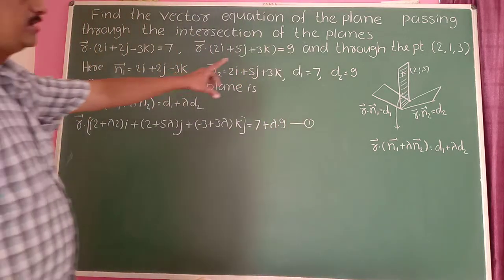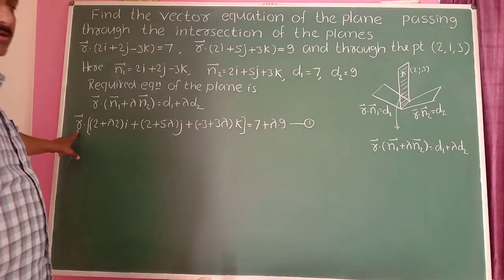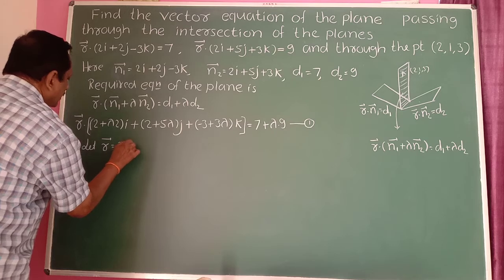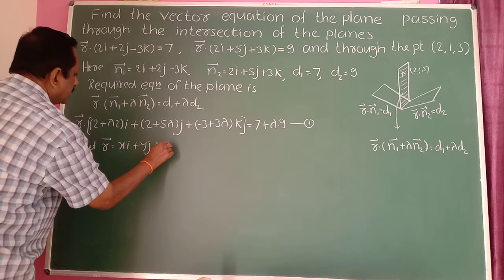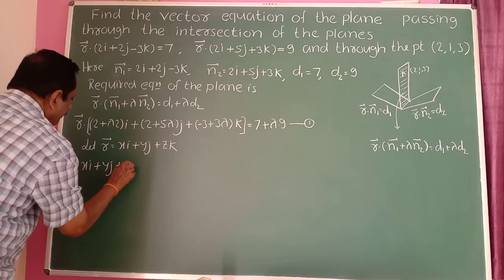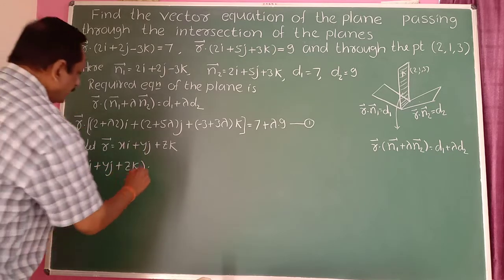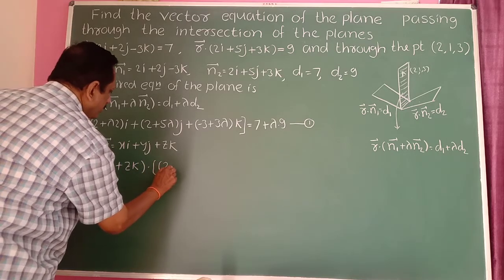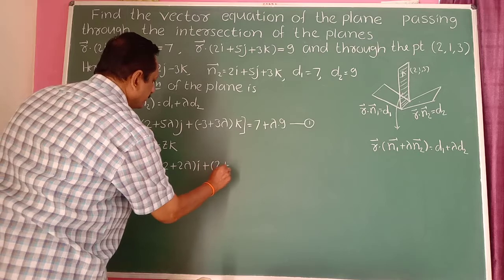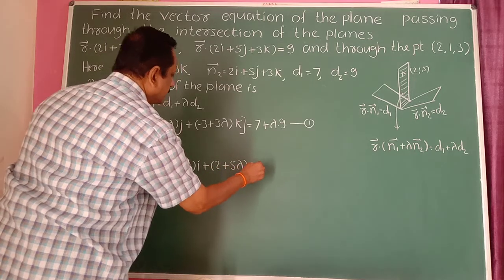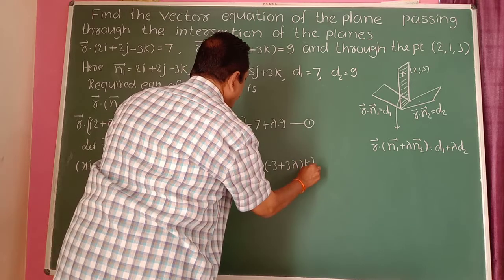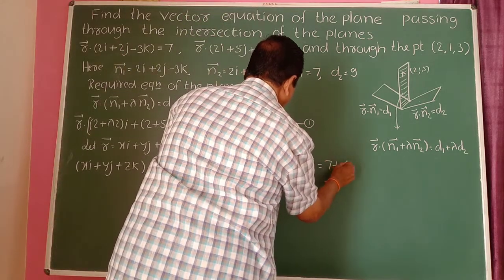So the plane is passing through the point (2, 1, 3). Therefore take r bar as xi + yj + zk. Then (xi + yj + zk) dot ((2 + 2 lambda) i + (2 + 5 lambda) j + (-3 + 3 lambda) k) is equal to 7 + 9 lambda.